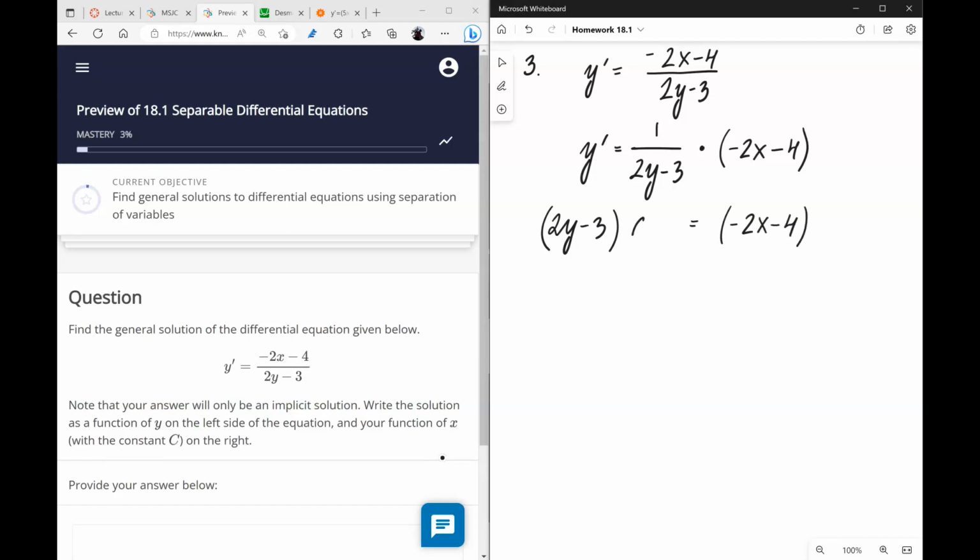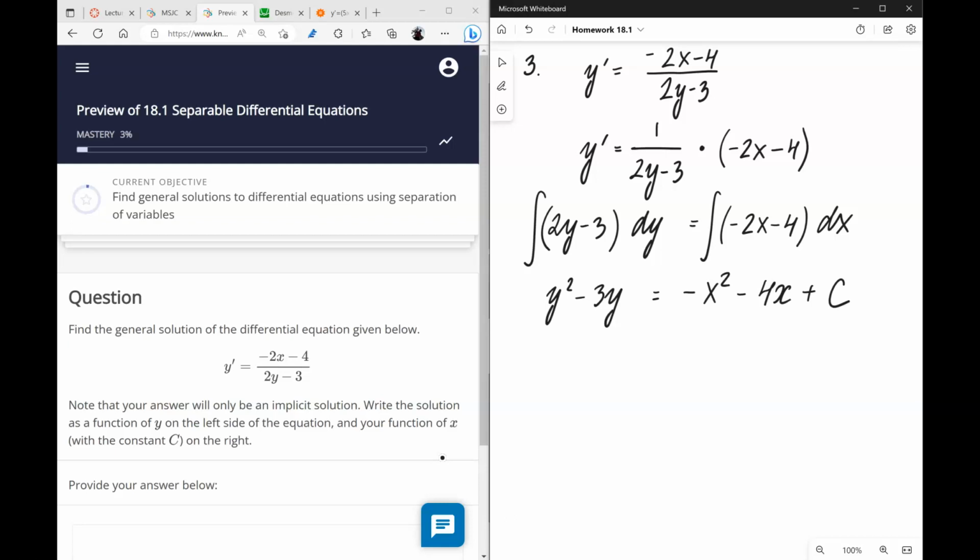Now dy stays on the left, dx goes to the right, and we proceed with applying the integral to both sides, and integrating this gives us y squared minus 3y on the left, and minus x squared minus 4x plus c on the right.